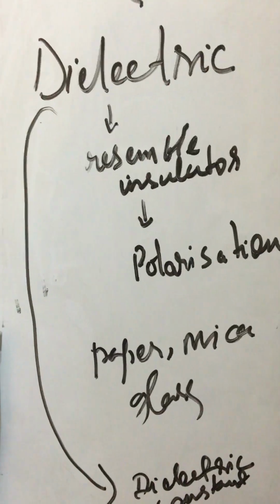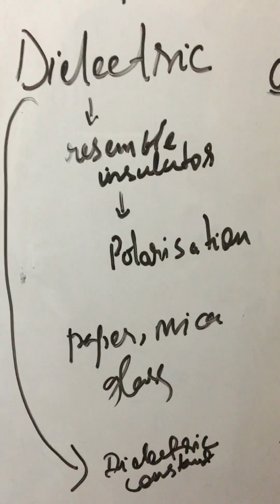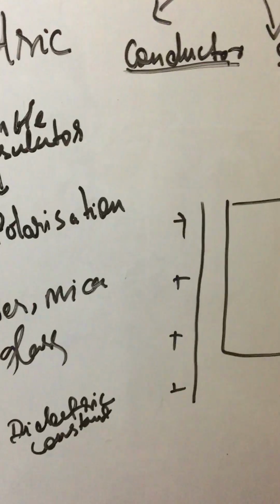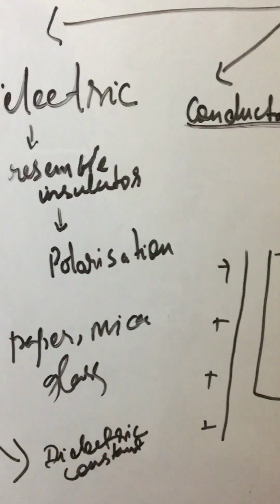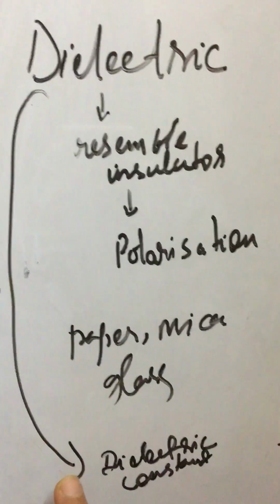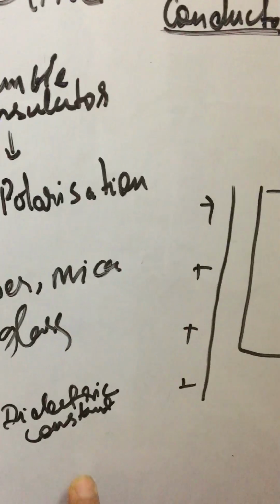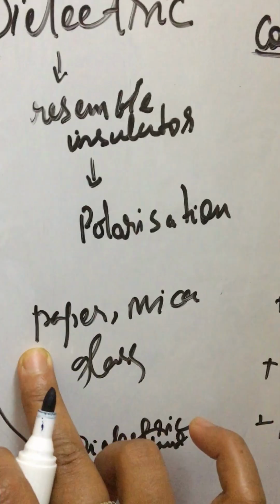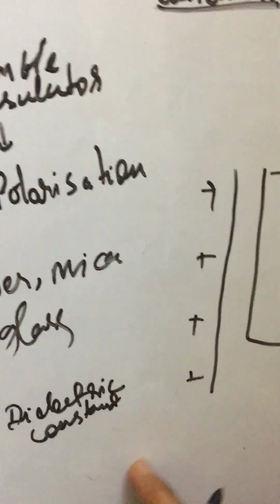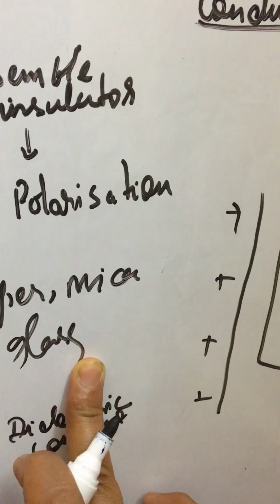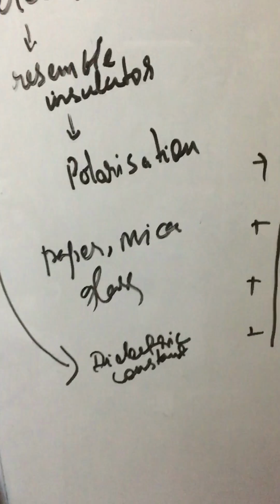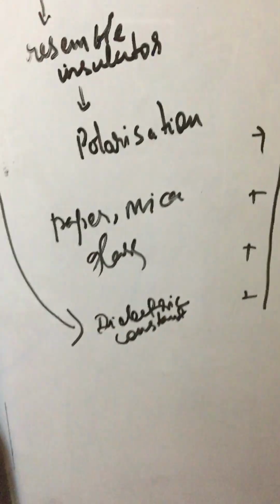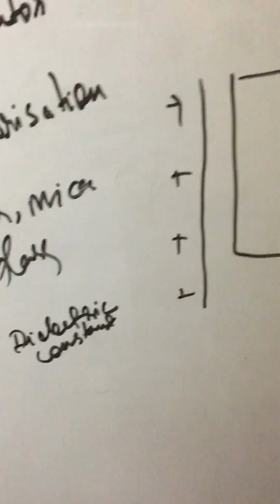Similarly, in order to tell about the property of a dielectric material, we have a quantity known as the dielectric constant. Paper will have one value, mica will have one value, glass will have another value. So different dielectric materials will have certain finite values.